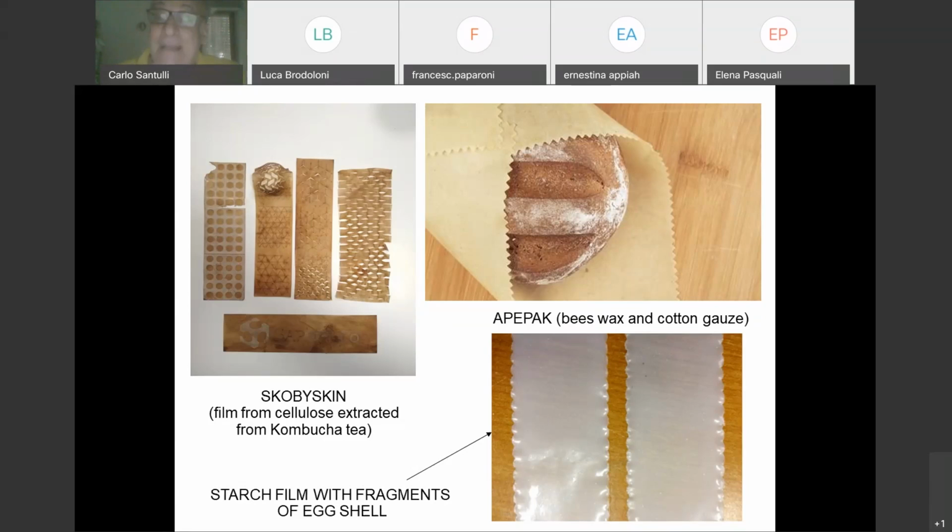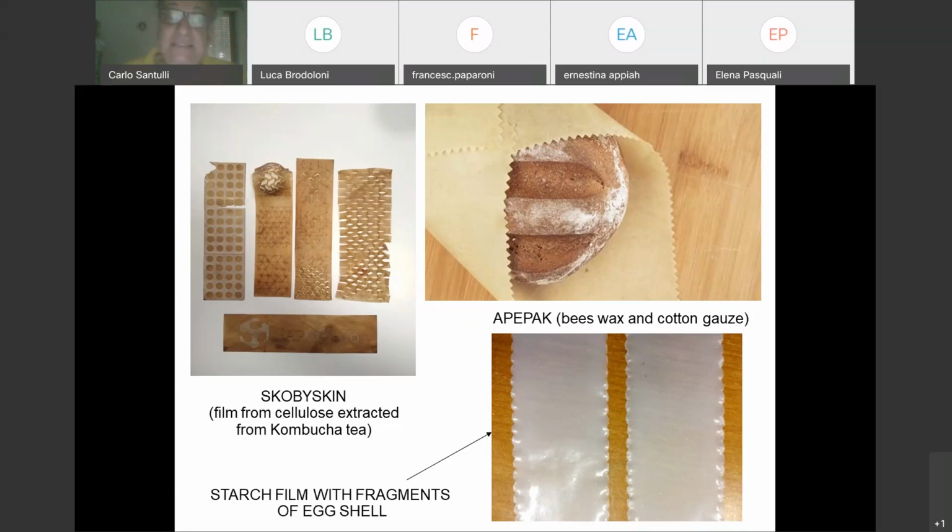But the main question is that this needed to be treated with unsustainable materials like chrome salts, especially potassium bichromate.